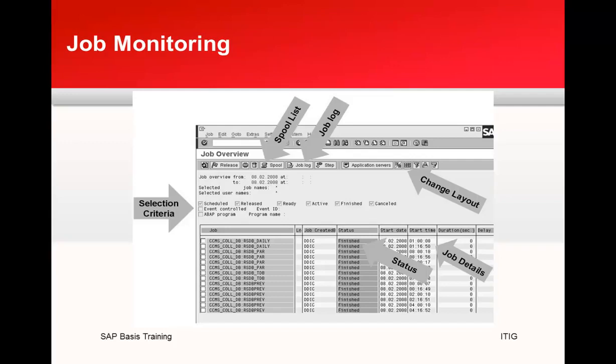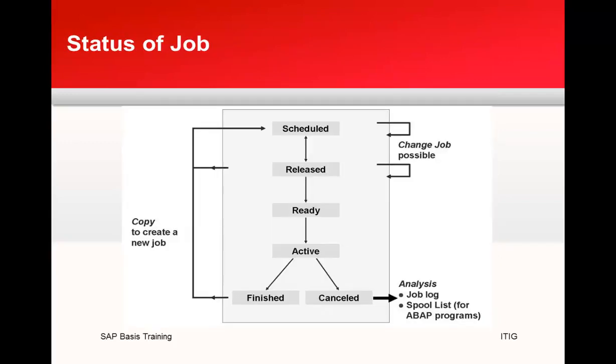Next, the different statuses of a job. When you schedule a job, it goes into scheduled status. When it is released, it goes into released status. When it is ready to run, it is in ready status, that is, the start condition of a released job has been fulfilled.